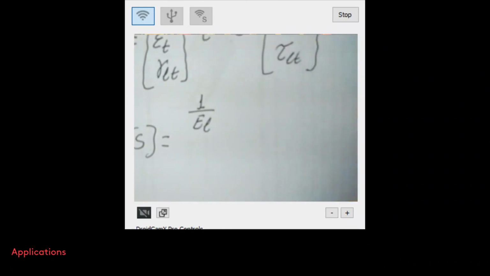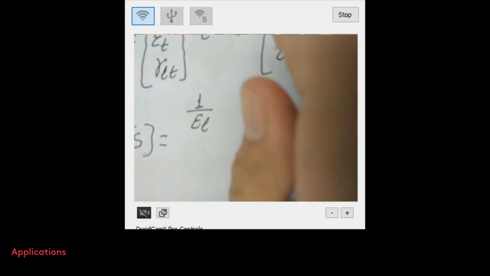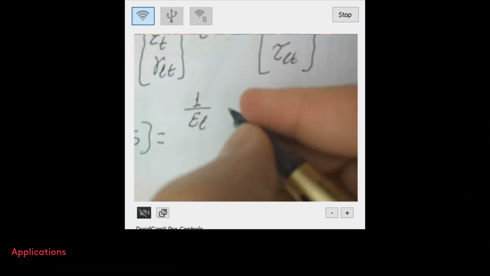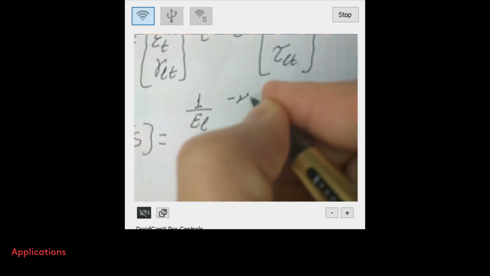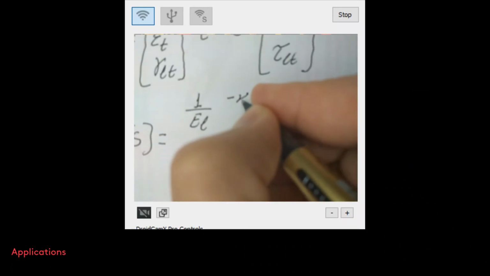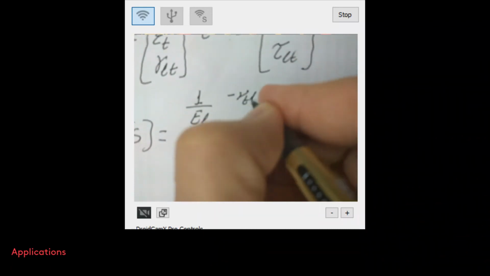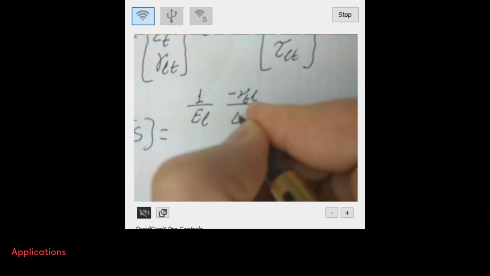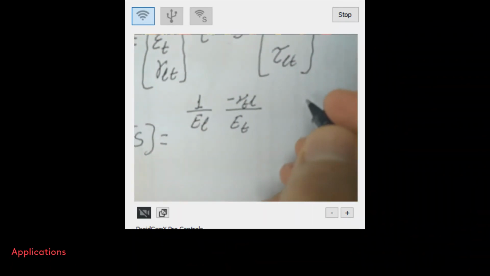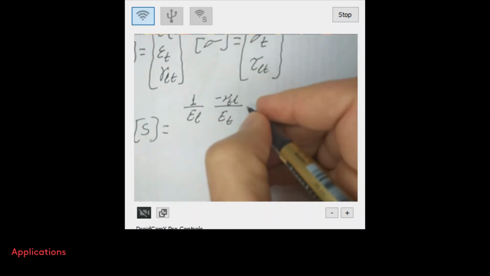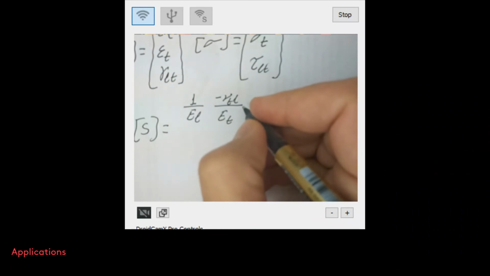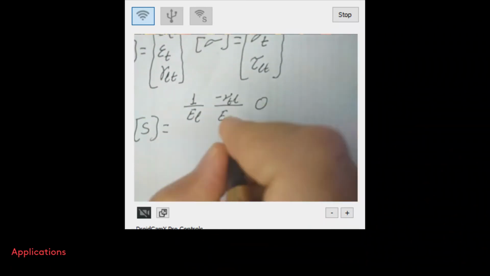EL is the longitudinal modulus, the Young modulus in the direction of the fibers, minus mu TL, the Poisson ratio, over ET, and then it is 0.